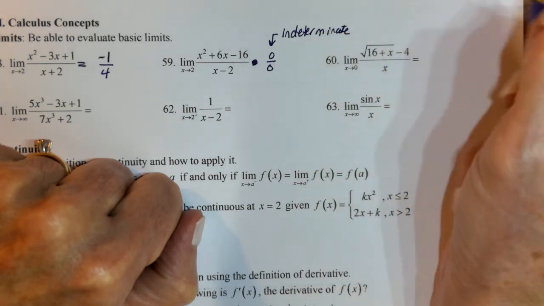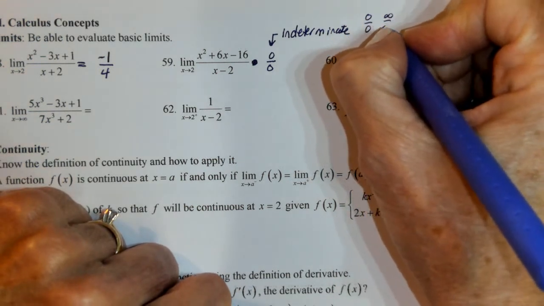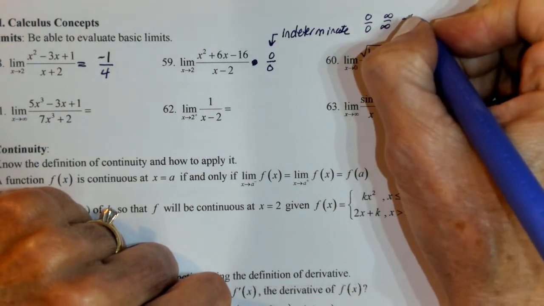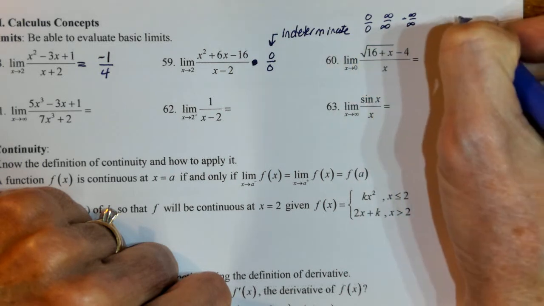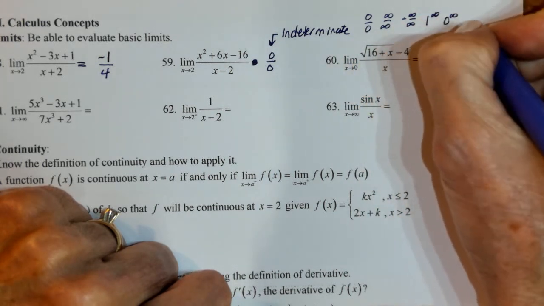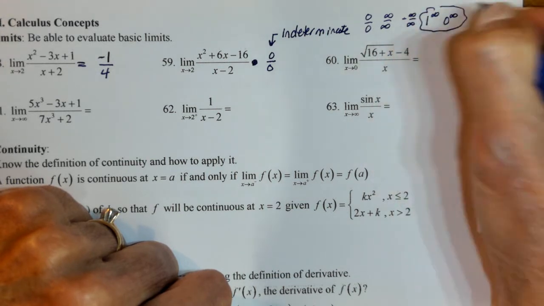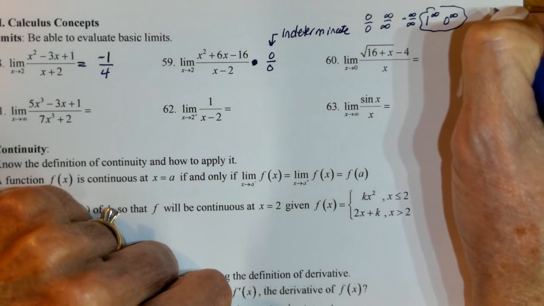We have several indeterminate forms. We have 0 over 0, infinity over infinity, negative infinity over infinity, and then we have some more like 1 to the infinity, 0 to the infinity, things like that. We'll hit those kinds in the springtime.